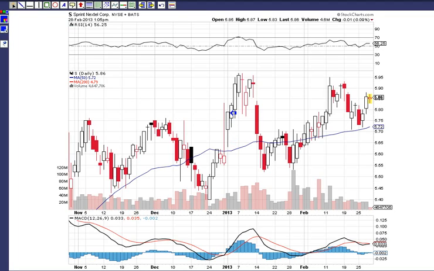And up here, at the very top, that's the high of the day. And because this is a white-bodied candle, it means it's a positive one. So this is where it opens, down here, and this is where it closes. So that means that was a good day, obviously.